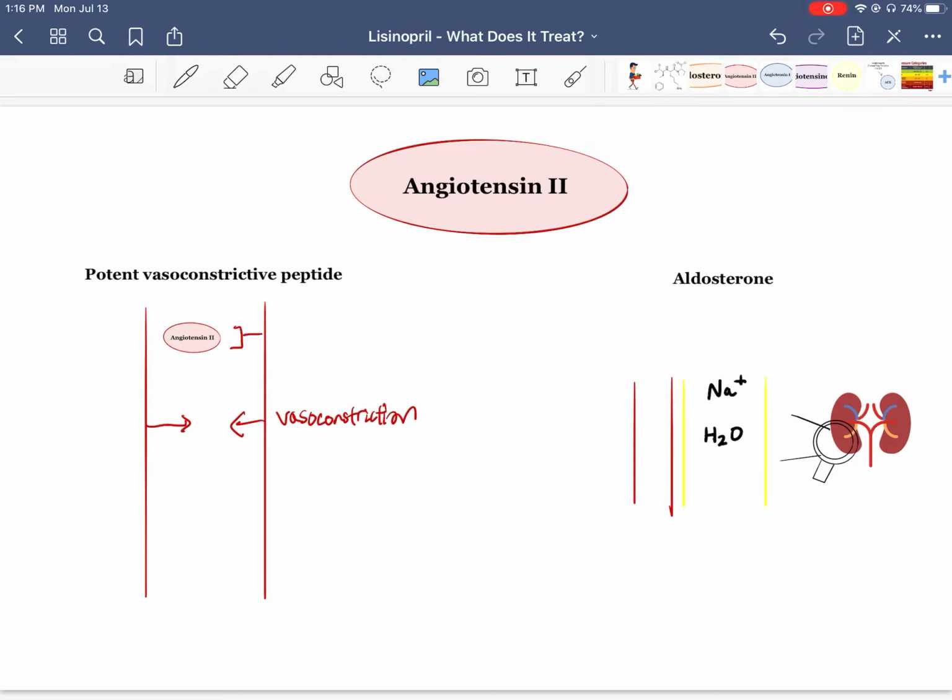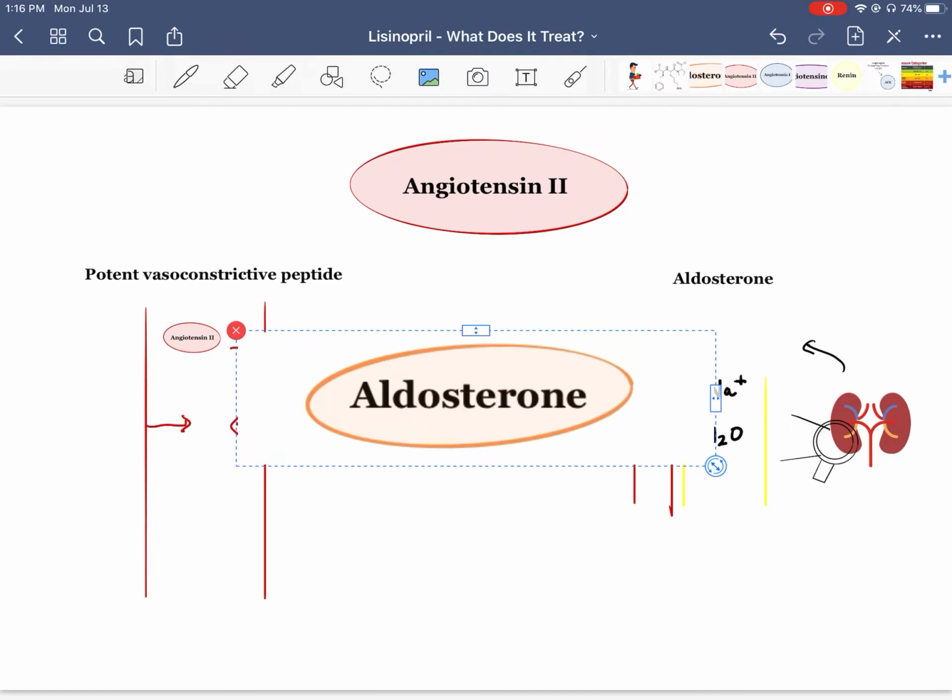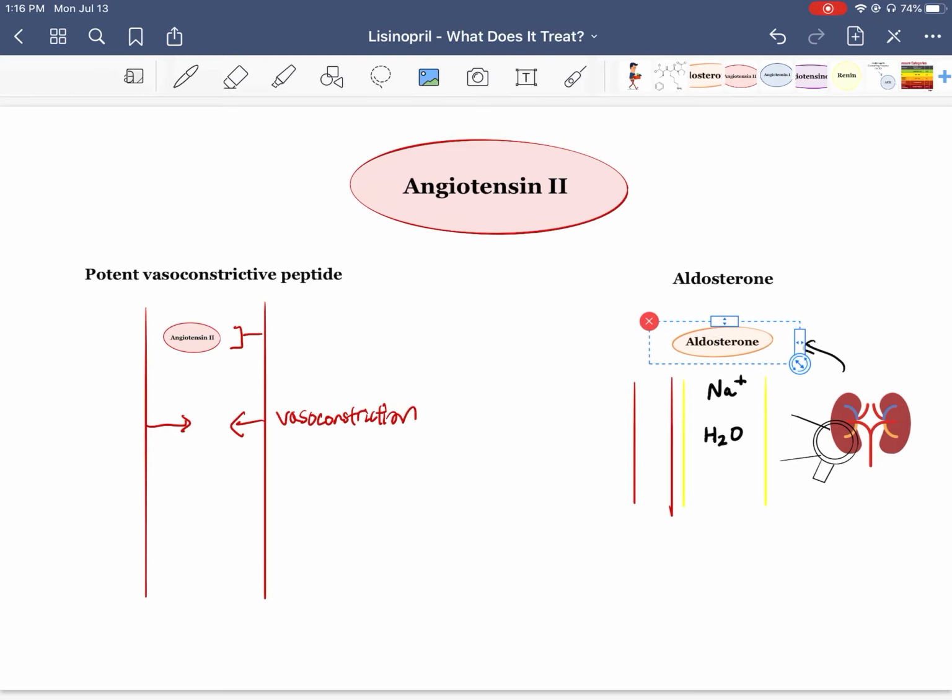The second mechanism by which angiotensin 2 increases blood pressure is by stimulating the secretion of a hormone called aldosterone from the kidney. As the kidney secretes the aldosterone, this causes the kidney tubules to increase the reabsorption of sodium, causing the sodium to enter the bloodstream.